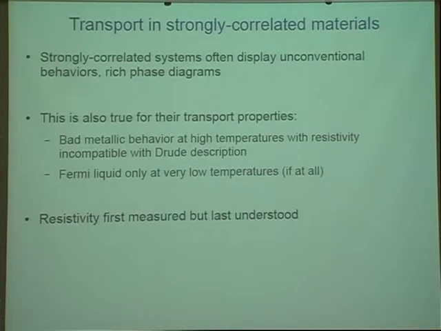So bad metallic behavior often is a signature of having a strongly correlated system. Often these systems have resistivities which are above the Mott-Ioffe-Regel limit, which I'll talk about, which is a signature of bad metallicity.